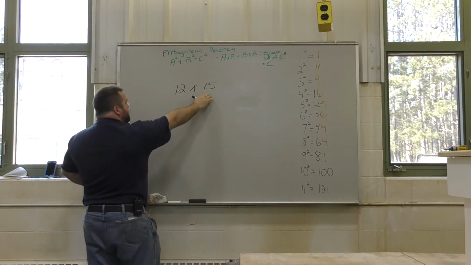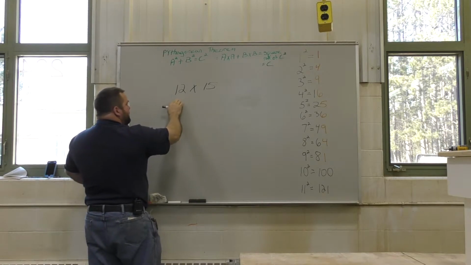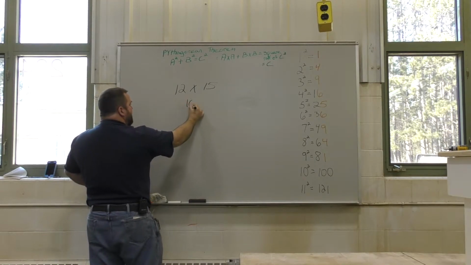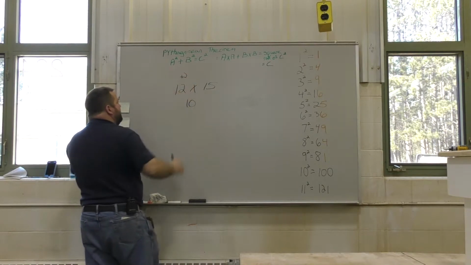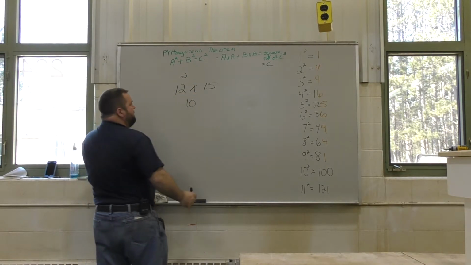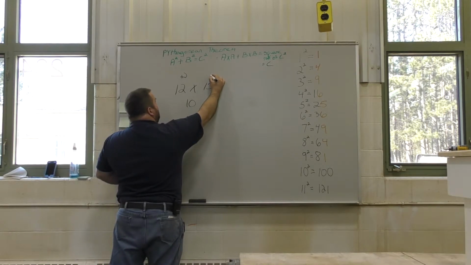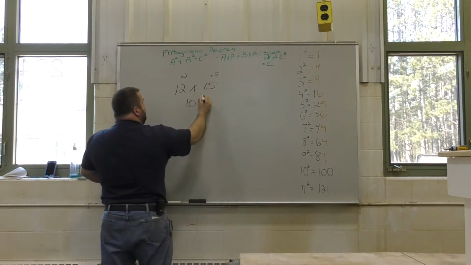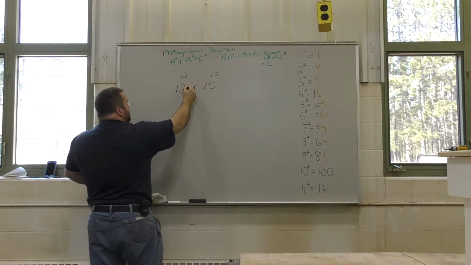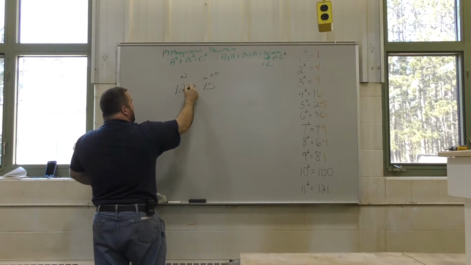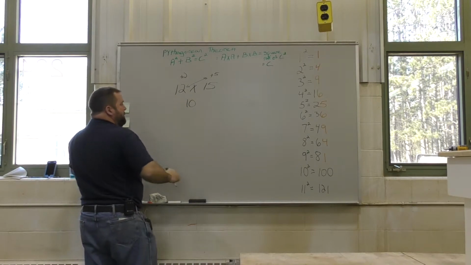So we're looking at these, they're a tens unit, so we're going to put a 10 down here. 12 is 2 more than 10. 15 is 5 more than 10. So no matter which way we add, if we add 12 plus the 5, we come up with 17.